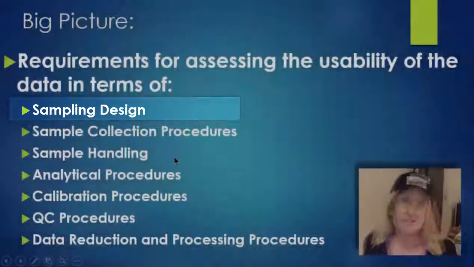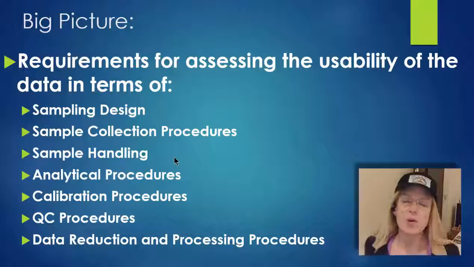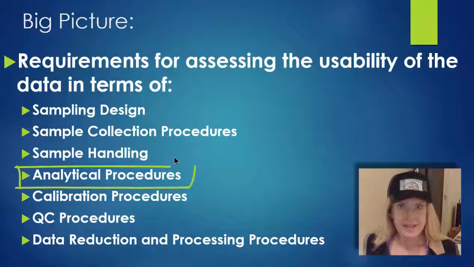Sample handling, make sure you do your research before you write your SOPs and jump into the study. It's very tempting to jump in, and that's the whole point of writing these quality assurance project plans, so you don't make these mistakes. Analytical procedures, are you asking the laboratory or your instruments to do the analyses that you want?